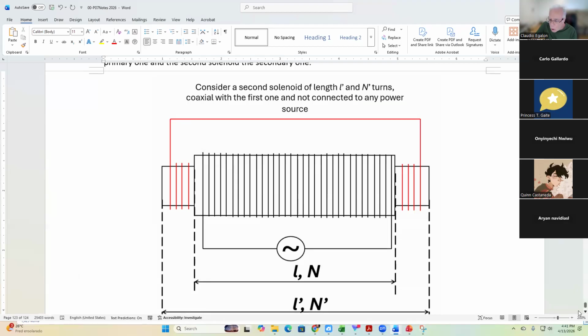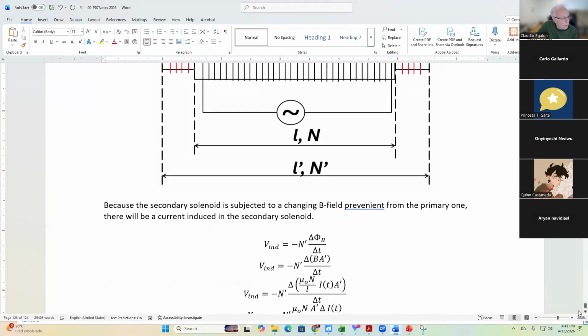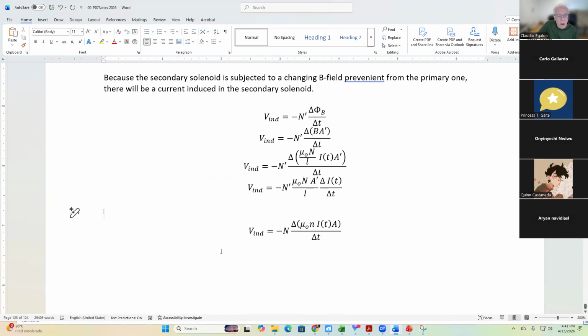There is something called self-inductance and mutual inductance. Okay?